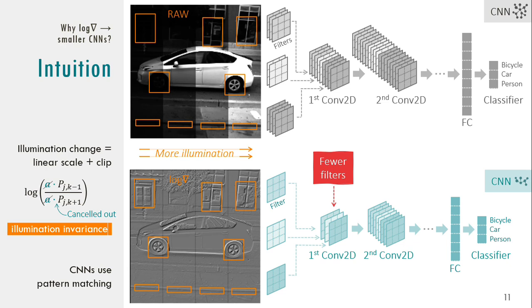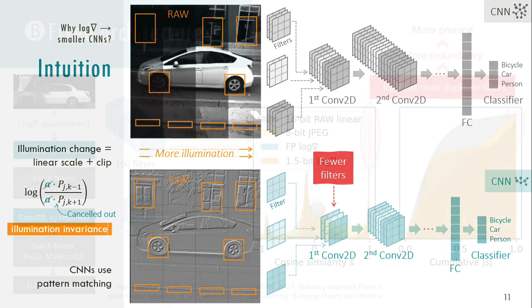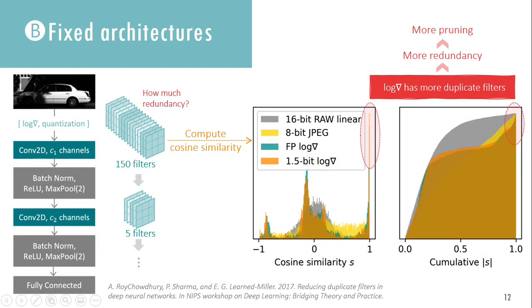Therefore, we did a more straightforward experiment using a toy convolutional neural network with only 2 convolution layers. We set the number of filters in the first layer high, to about 150, and then compute the cosine similarity as a measure of redundancy.